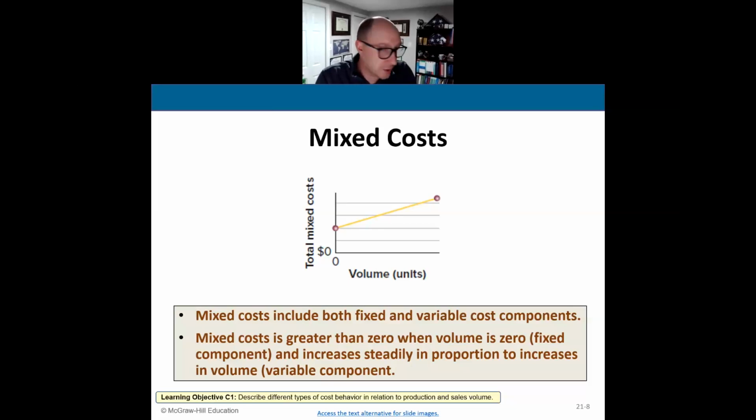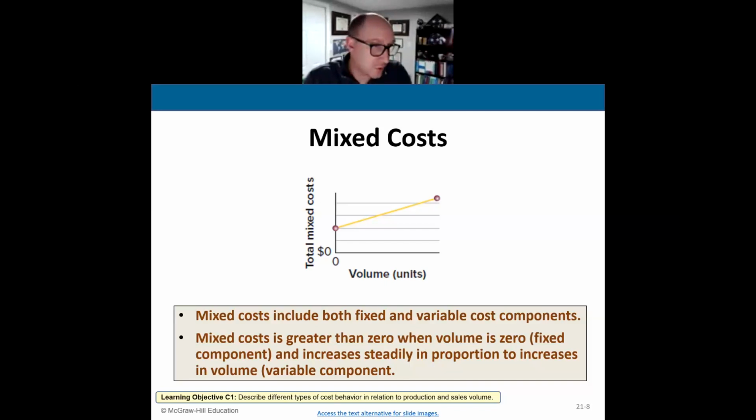This is an example of a mixed cost. Why? The lease agreement said that you will pay us monthly the base amount of the copier machine cost, plus once you go over 10,000 pages, we will charge you 1 cent per page. So think about that for a second. The base cost is the fixed cost.